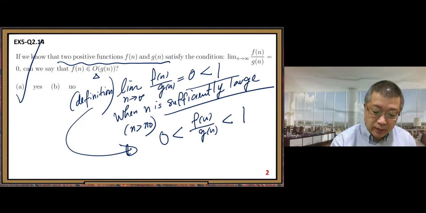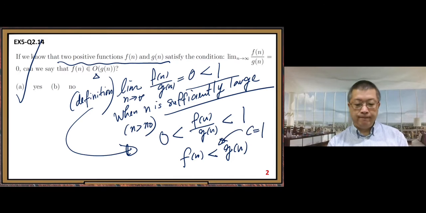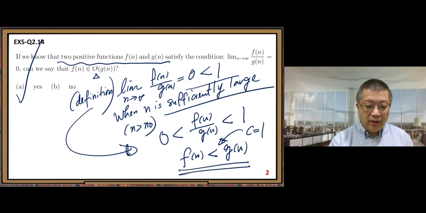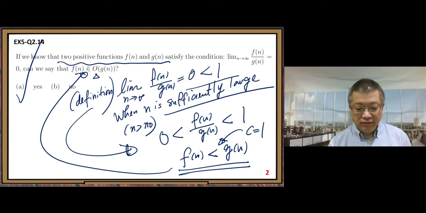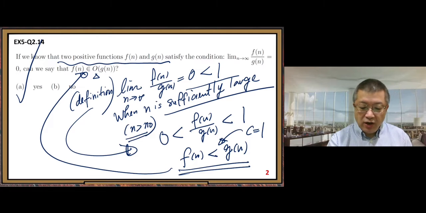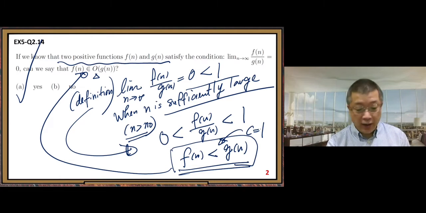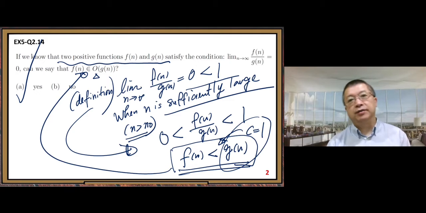So we have f of n less than g of n, with the constant c equal to 1. That's the big O condition: when n is sufficiently large, we have this inequality, an upper bound. So we proved it. It is correct.